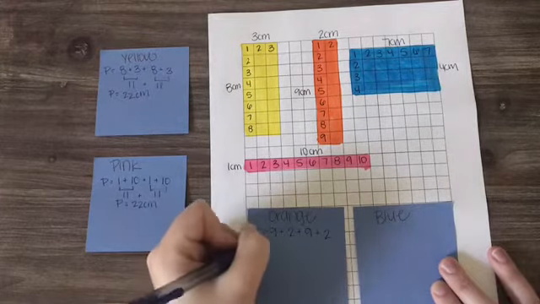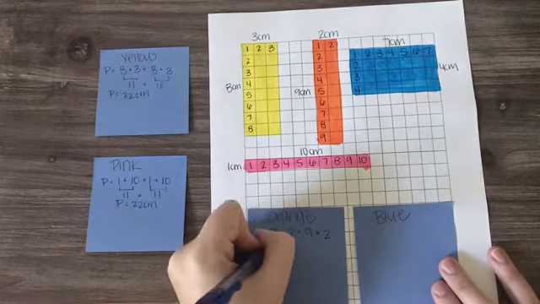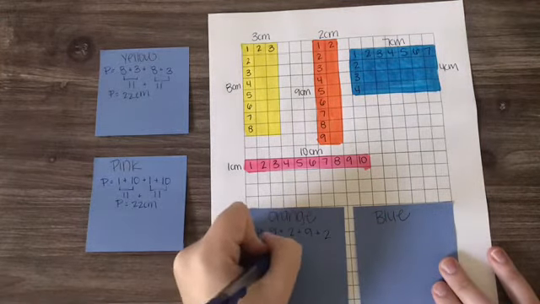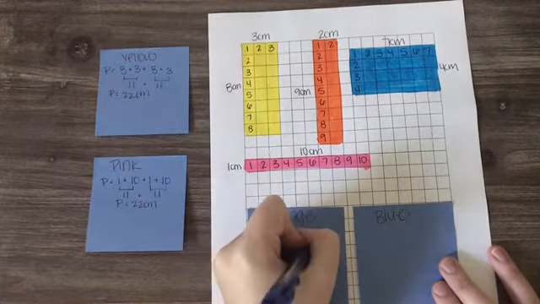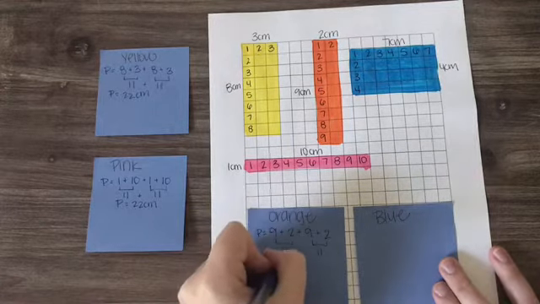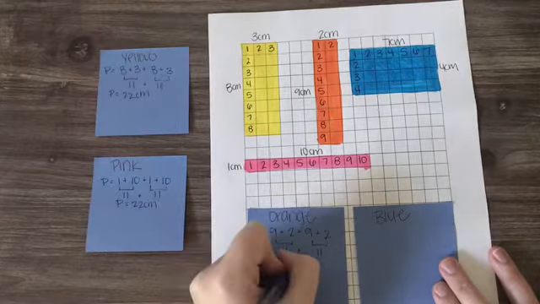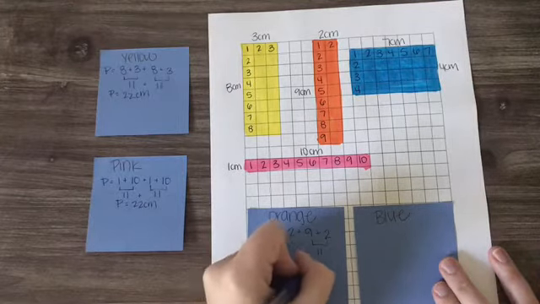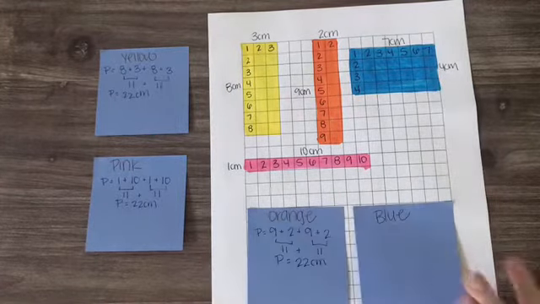So now we're going to add 9 and 2. So we add 9, 10, 11, we get 11. And then 9 plus 2 is also 11. And if we add 11 plus 11 together, we get 22. And I'm going to add my units there.